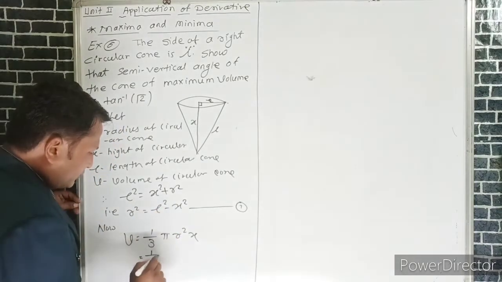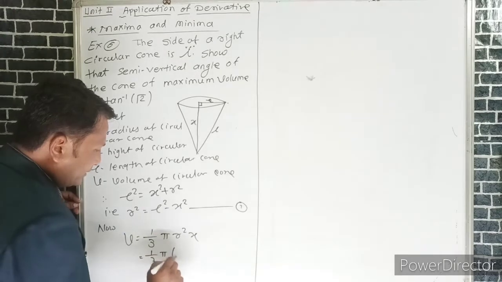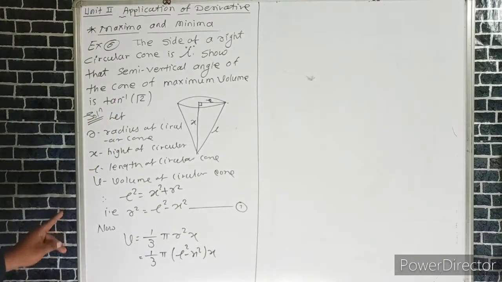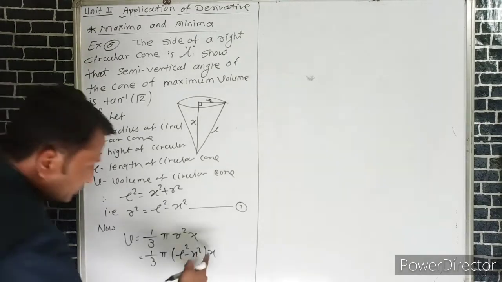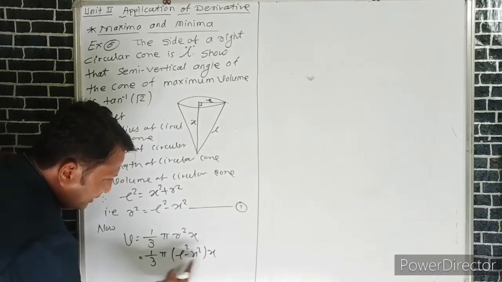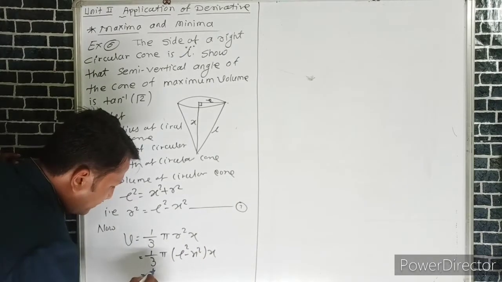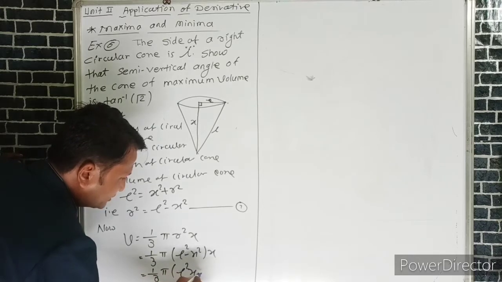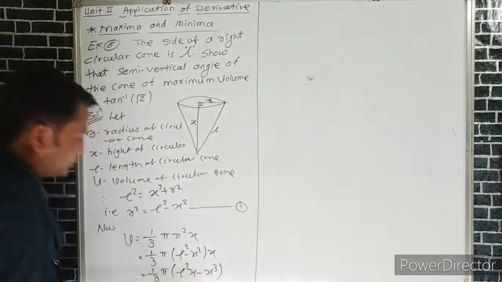We can write 1 by 3 pi into L square minus x square, into x, which is the volume of the circular cone. Now we multiply this bracket by x: 1 by 3 pi into L square x minus x cube.